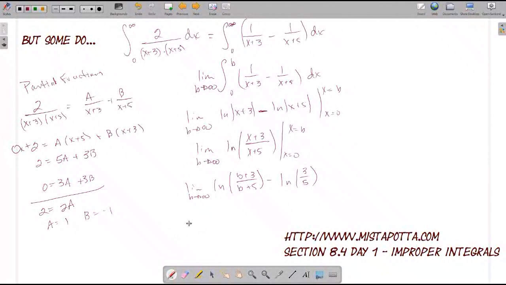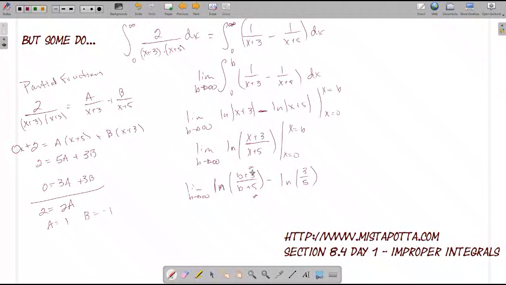So I'm looking at this, and this limit deals with a ratio of two expressions. And L'Hopital's rule seems like it was made for this. If I look at this, I have an infinity plus 3 and an infinity plus 5, so I do have that indeterminate form.